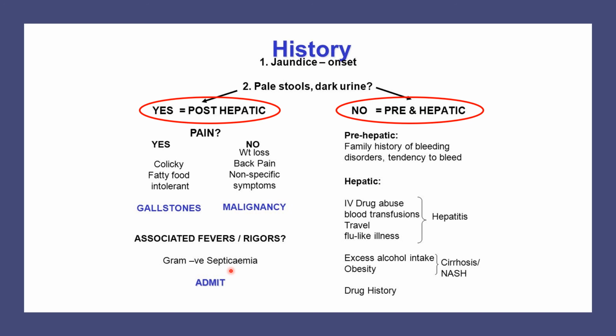So these patients must be treated with urgency and aggressively. If there are no signs of obstruction, then consider the prehepatic and hepatic causes of jaundice and refer to the appropriate specialties for further management.